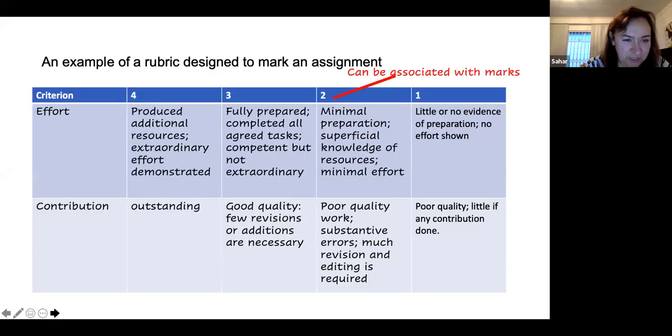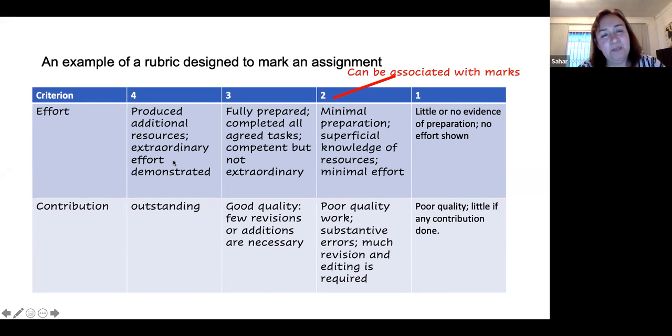So this is how you can write. This is a rubric that is designed to mark an assignment. So the effort: that's 4, 3, 2, 1. And this can be associated with marks. So 4, let's say, would be 100%, and 1 would be less. And the effort, she produced a lot of resources.